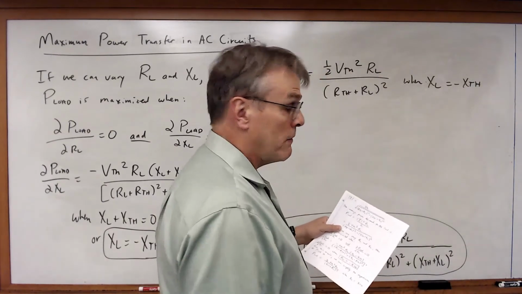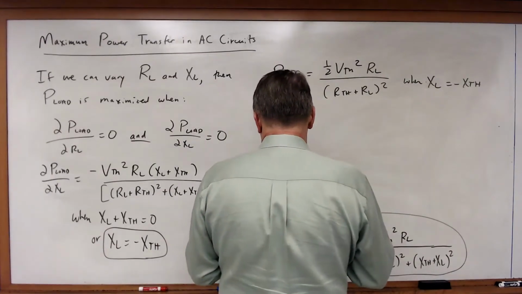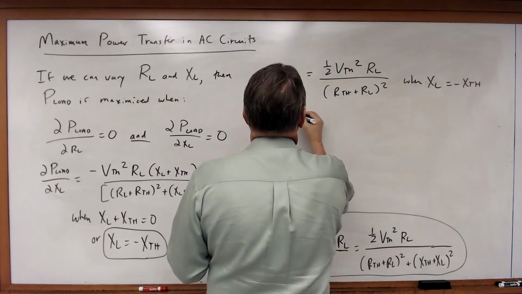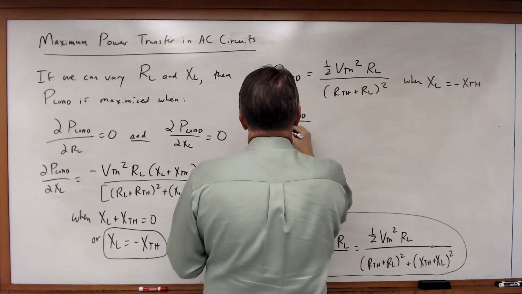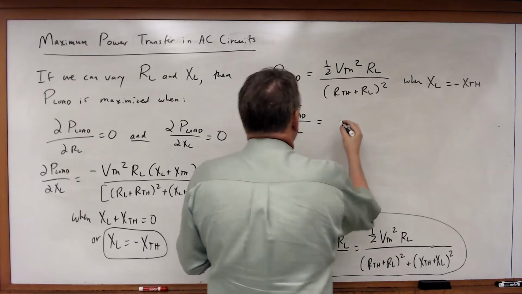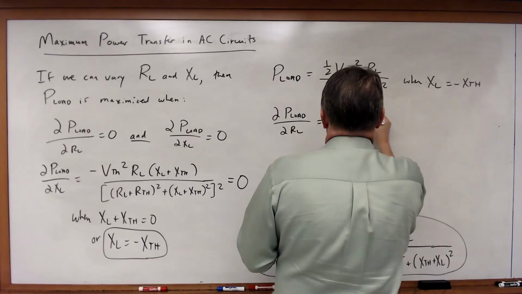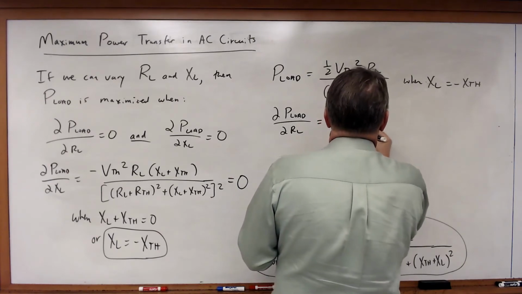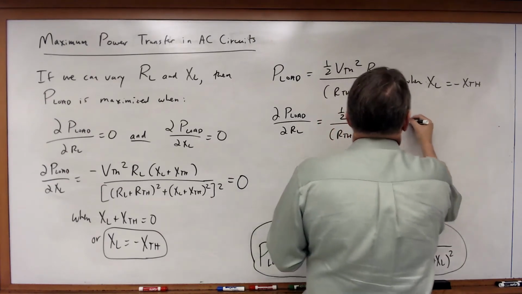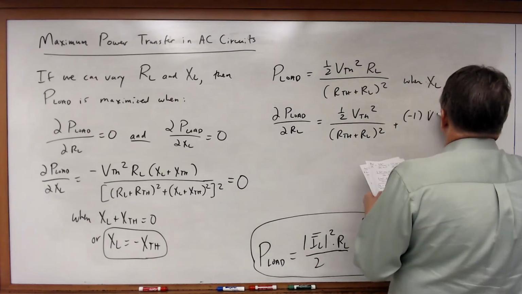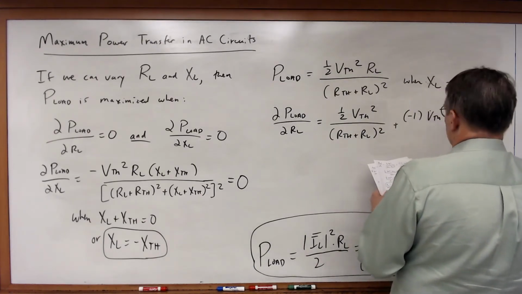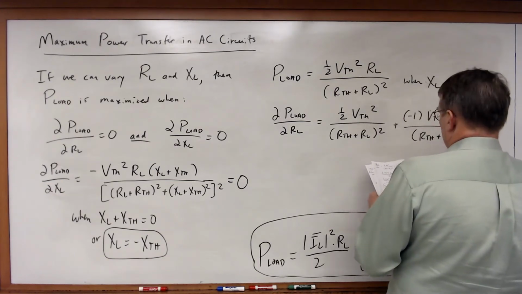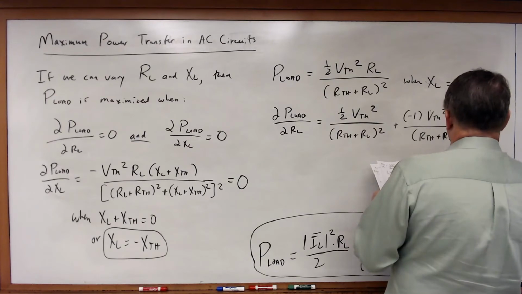Let's take the partial derivative of this. In this case, the partial derivative of P load with respect to RL is now equal to 1/2 VTH squared divided by (RTH plus RL) squared, plus minus 1 times VTH squared times RL divided by (RTH plus RL) cubed.